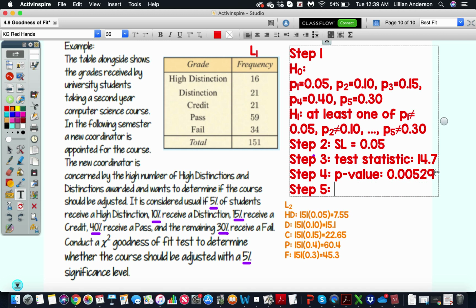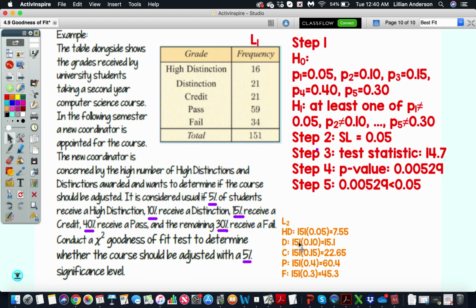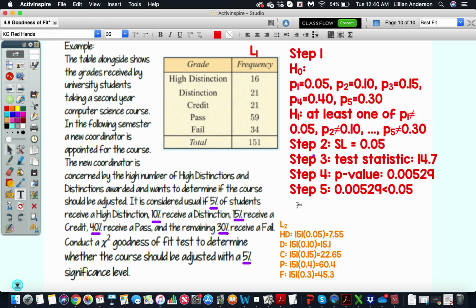So in step 5, remember, you compare. I'm comparing my p-value to my significance level. Is that less than or greater than my significance level? Hopefully you notice it's less than the 5%. And if it's less than that, that means we are going to reject the null hypothesis.